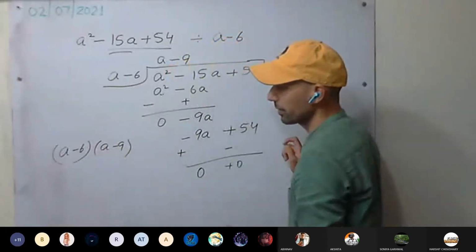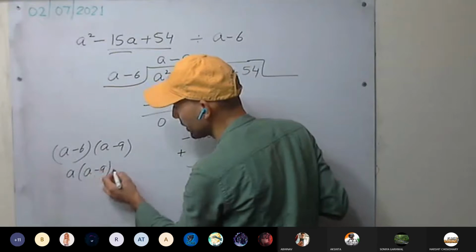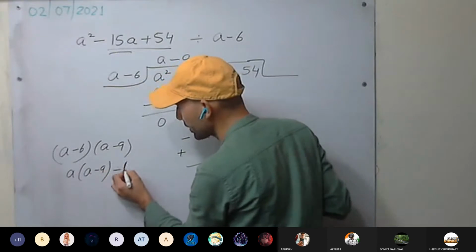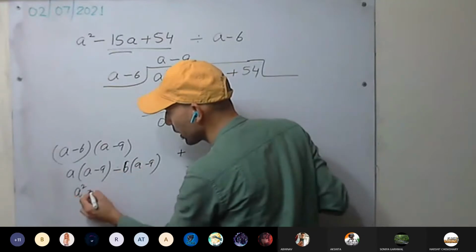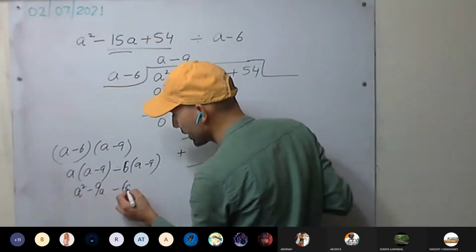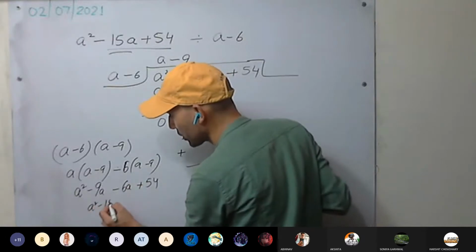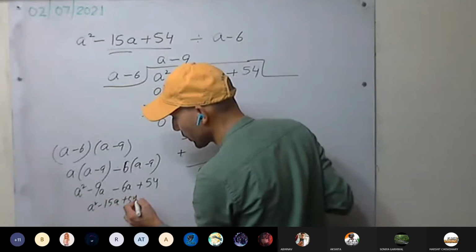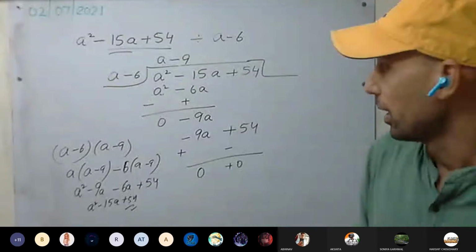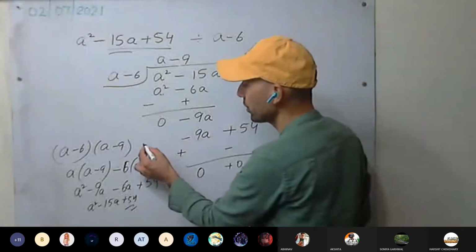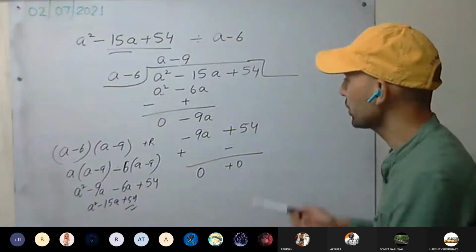Open the bracket: a into a minus 9, minus 6 into a minus 9: a square minus 9a, minus 6a plus 54, a square minus 15a plus 54. Hence verified. Same answer we are getting. If a remainder had been there, we would have added the remainder. Have you understood this one?